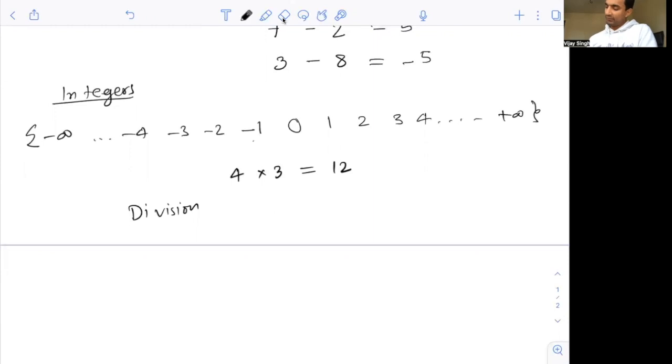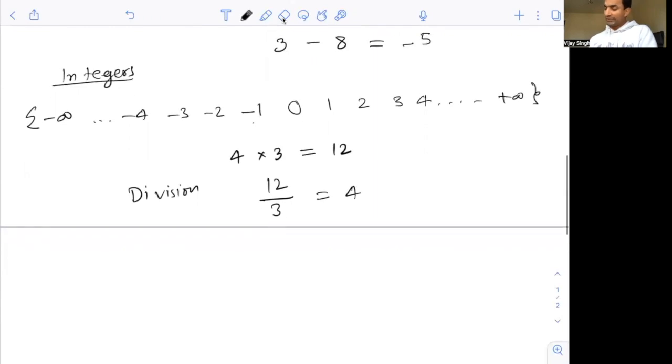So let's say we divide the number 12 by 3. If we divide the number 12 by 3, we get as a result 4, which in this case is also an integer. So you take any integer, 12, you divide it by another integer, you get a third integer, which is 4.